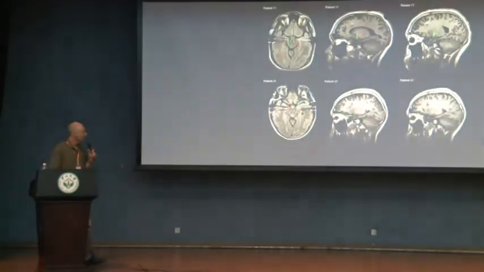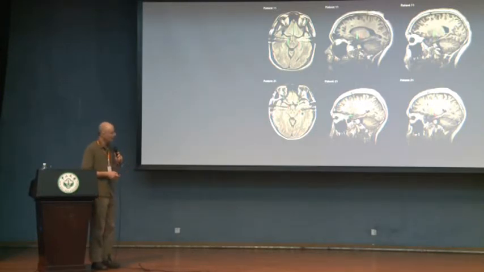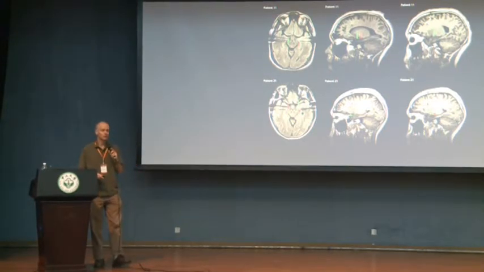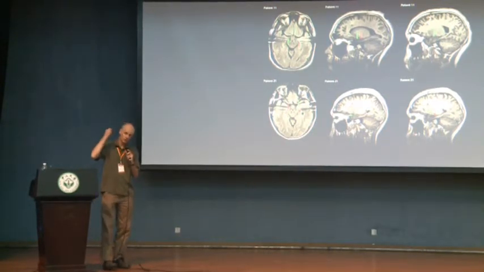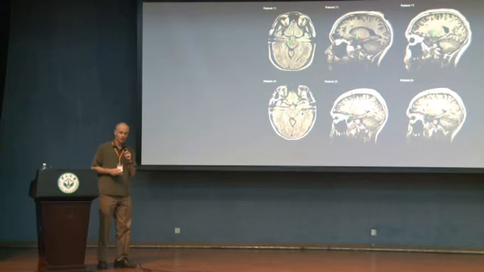We can do that in humans in very rare cases, and this is work that we've been doing for quite some time in collaboration with hospitals close to Caltech. These are MRI images of 2 patients who have neurosurgical electrodes put into their brain. This is a procedure that is done in this case for measuring epilepsy.